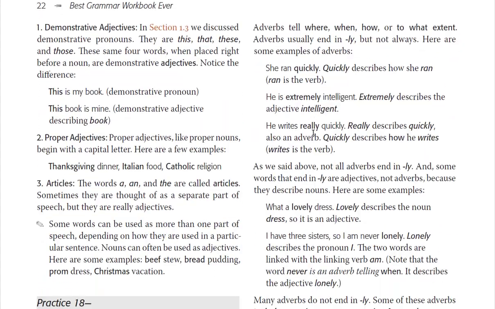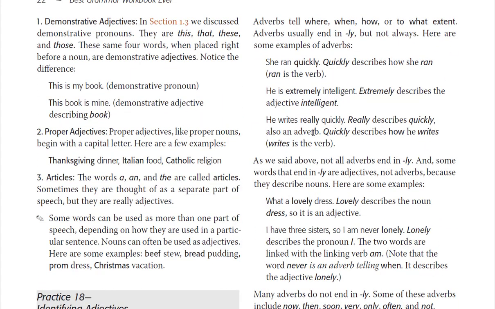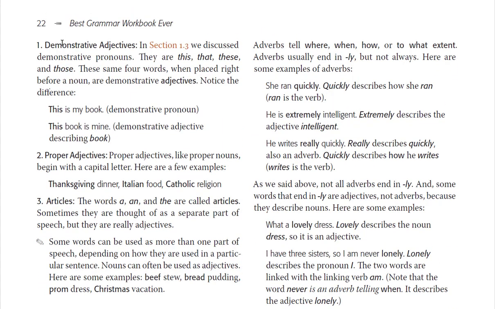So here, other types of adjectives. So you have demonstrative adjectives. This is my book. This book is mine. Proper adjectives, like proper nouns, begin with a capital letter. Thanksgiving dinner, Italian food, Catholic religion, Chinese American girl.